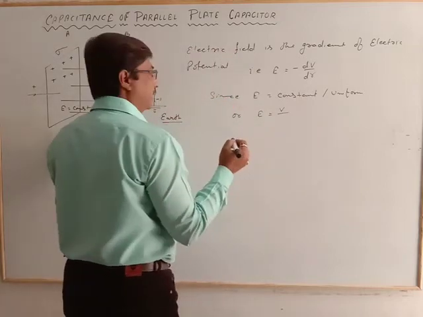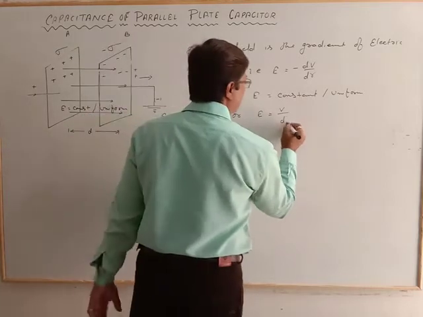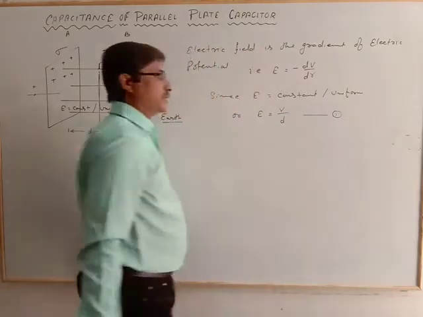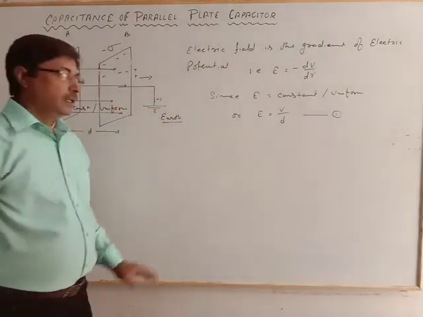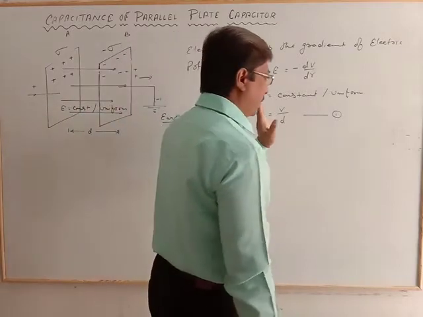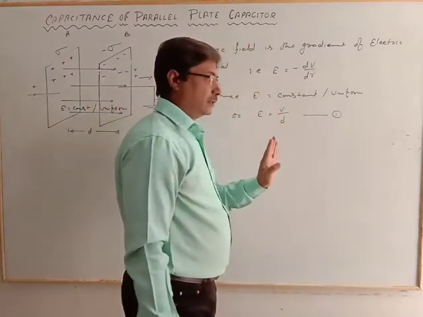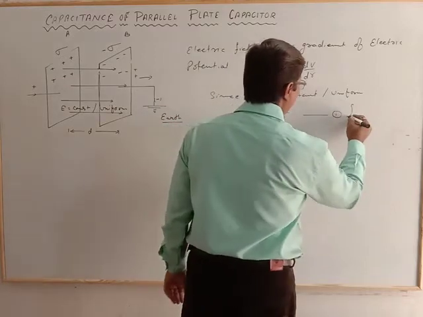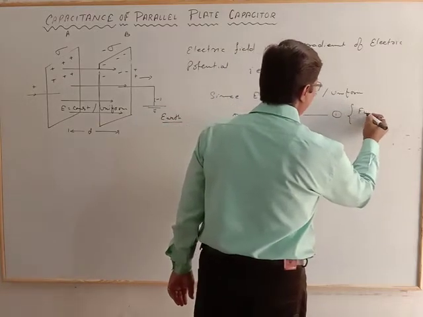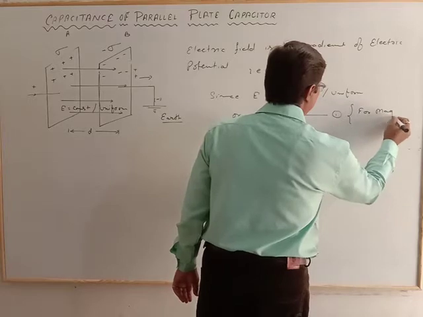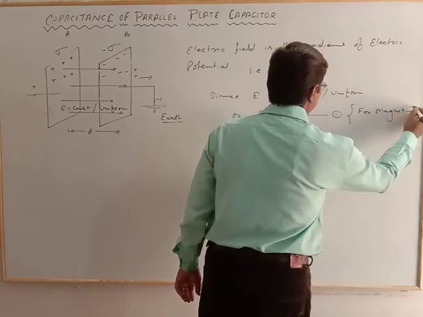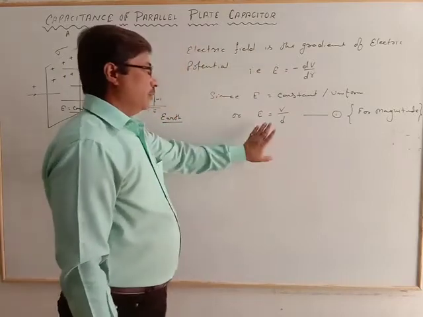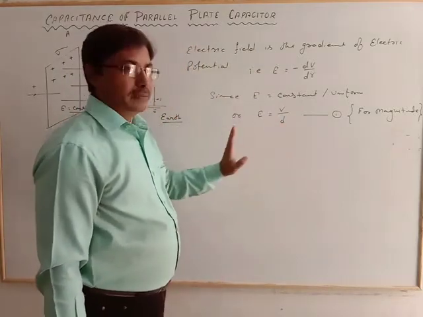That becomes equation number 1. Here we have not taken any direction; we only consider the magnitude. Now E is equal to V by D.